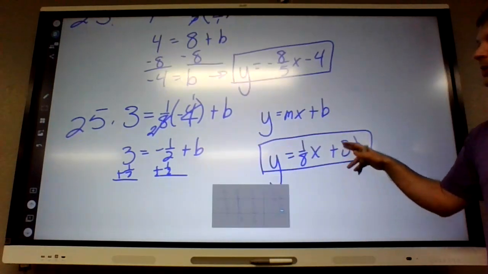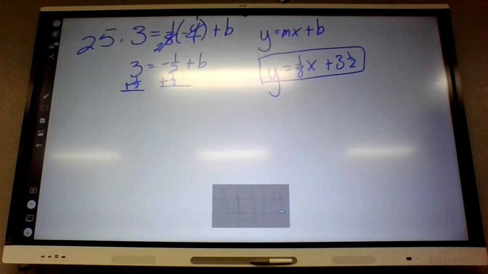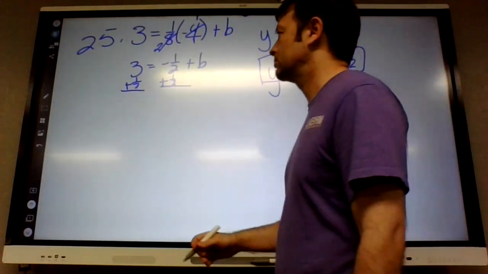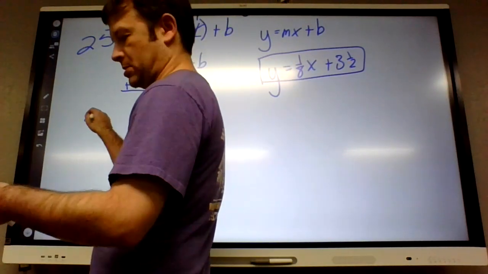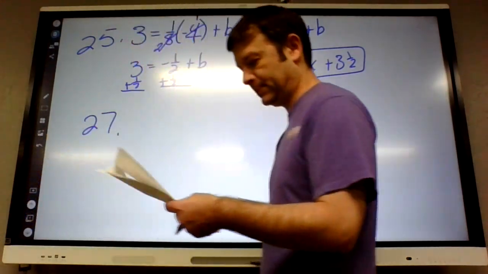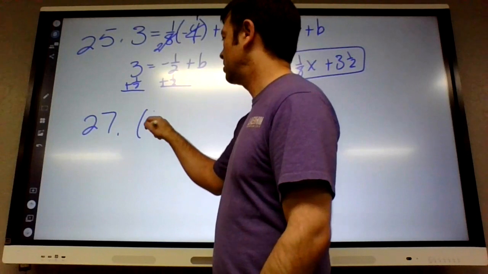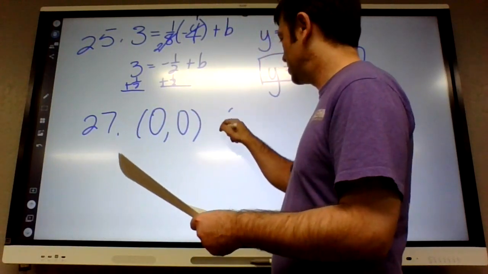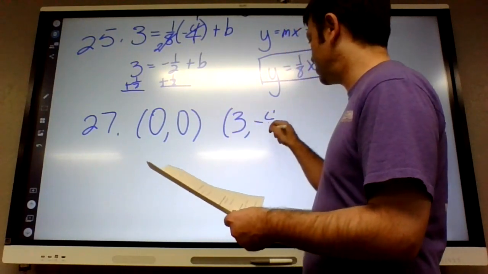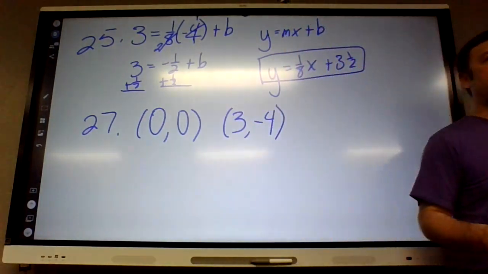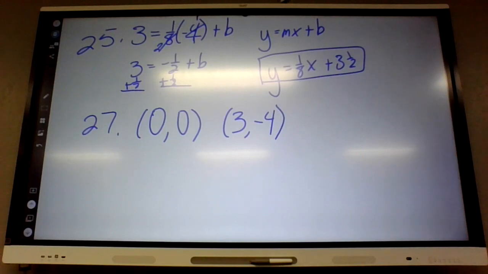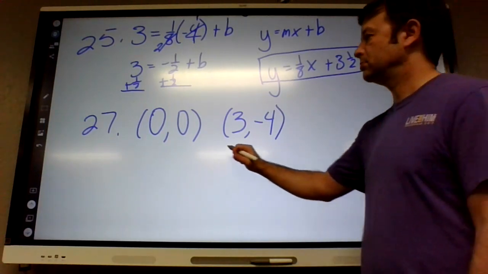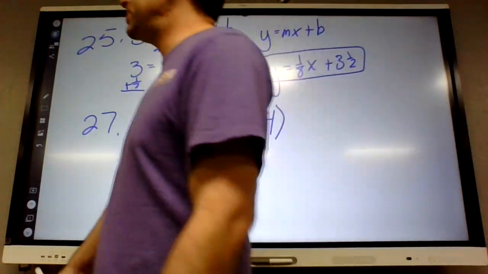That's enough practice for that. 27. Alright, on 27, they don't give us the slope, they just give us 2 points that the line goes through. So, how could we find the slope? Y minus y over x minus x. Yeah. Did you guys write these down, by the way?